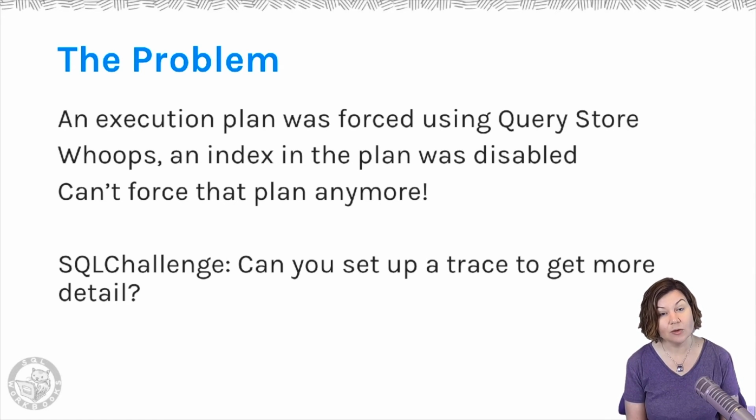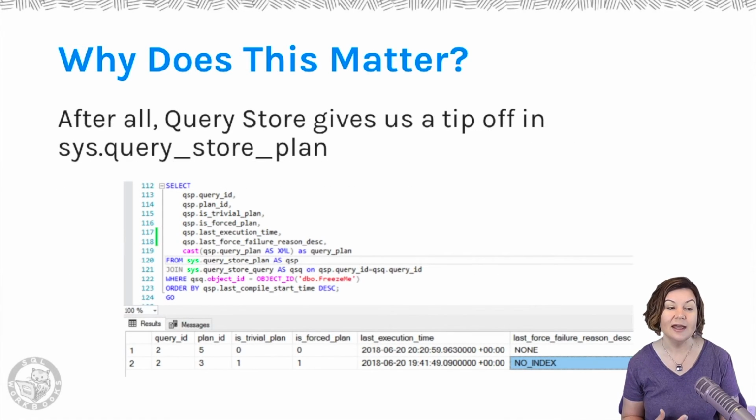One of the cool things about Query Store is that this doesn't make the query just fail, but it does mean that some fix we had in place, hopefully a short-term fix, is no longer working. Our challenge is to set up a trace using Extended Events to get more detail about what's happening.